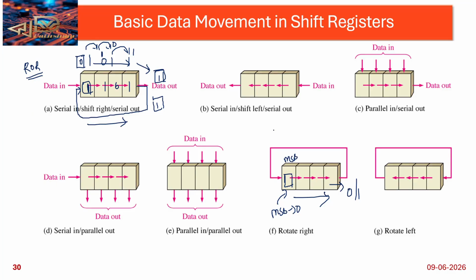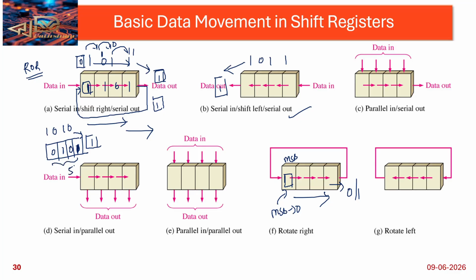Similarly, the left shift operation is the same type of operation, 1 0 1 1, where the bits move to the left. Remember the right shift I told you yesterday. Whatever data we have, 1 0 1 0 data, if we do a right shift by 1, the remaining bits are 1 0 1, and this empty position is replaced with 0.